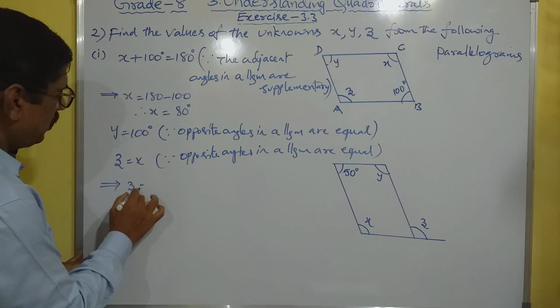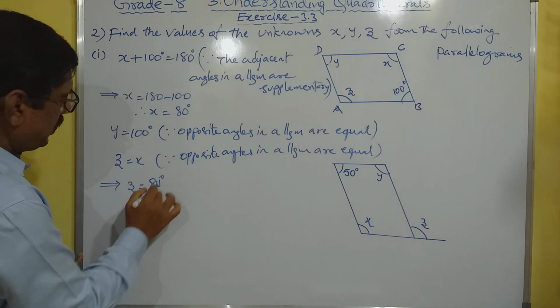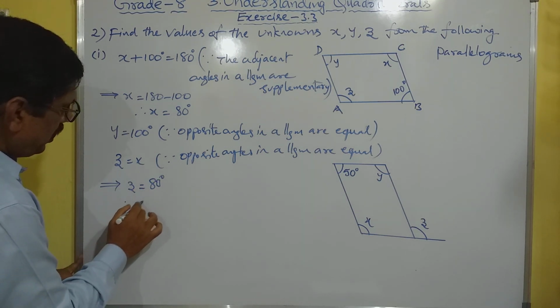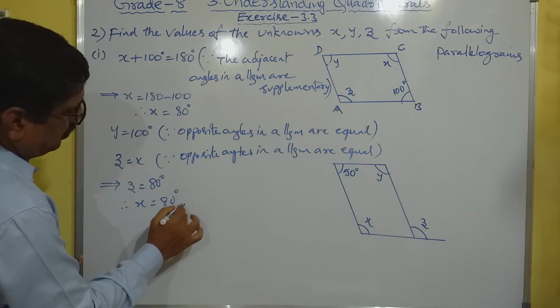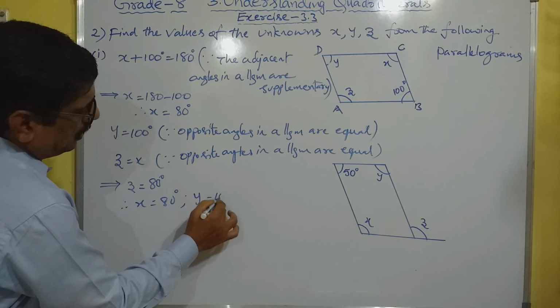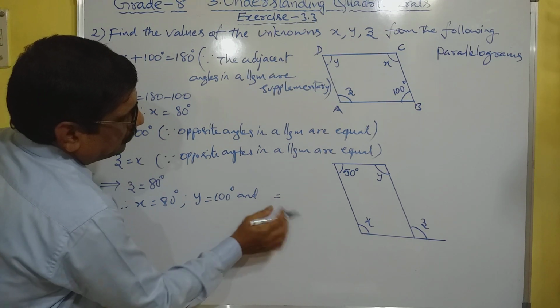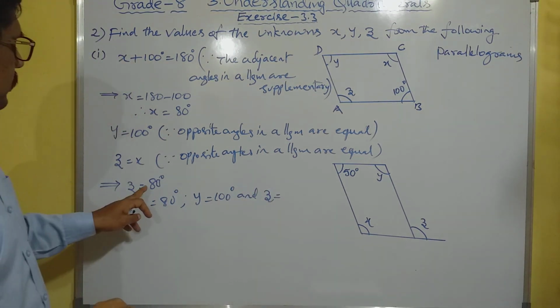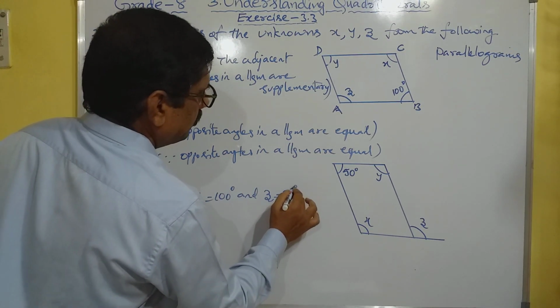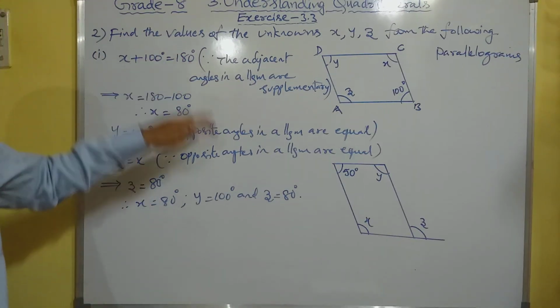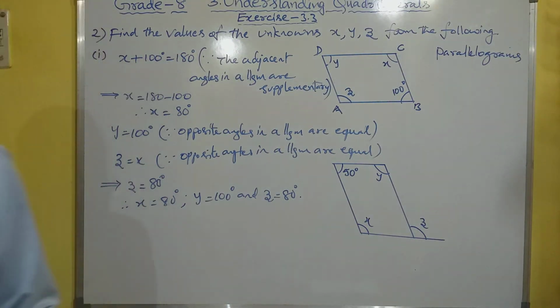So z also is equal to 80 degrees. Finally we can write, therefore x is equal to 80 degrees, y is equal to 100 degrees and z is equal to 80 degrees. Okay, so just copy this, we will continue the next problem.